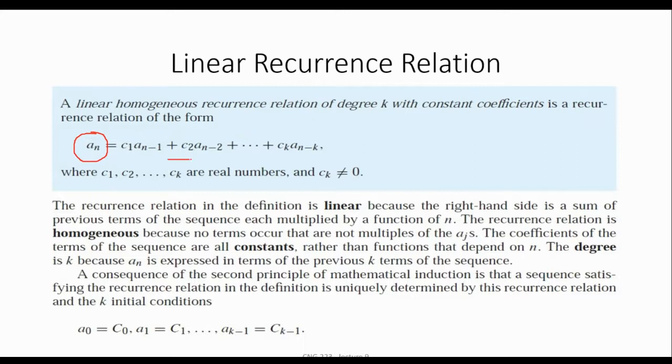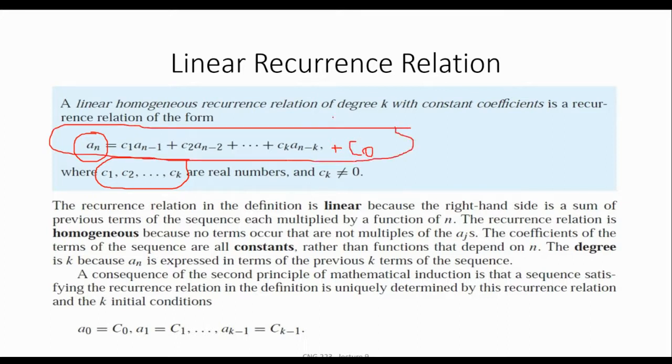Let's see how they define it. They define the multipliers as 1, 2, 3 until k. So here again for n, it can be started from 0 actually, because if you consider a constant, for example, assume that here I have a C0, it is possible also to consider like this.